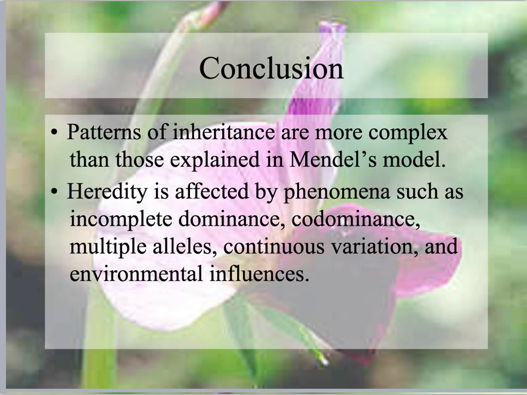There's a little bit more to it. We could have cases instead of just straight dominant recessive, we can have incomplete dominance, codominance, multiple alleles, and continuous variation or environmental influence. I think it's a really good idea that you come to class with an understanding of these terms and are able to work out problems knowing these definitions. Once again, it should be just about memorizing these and then applying them.